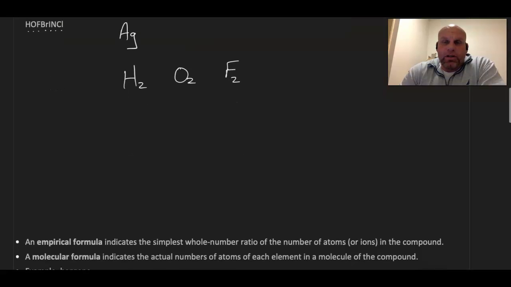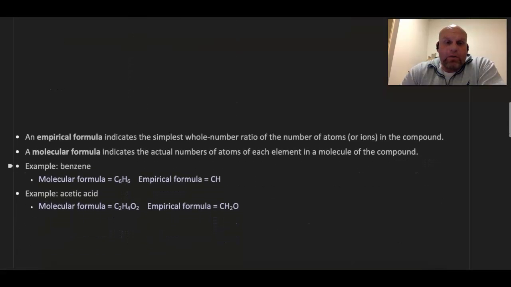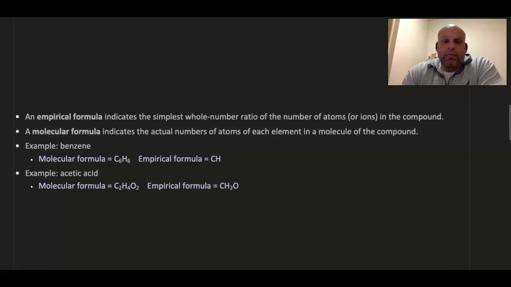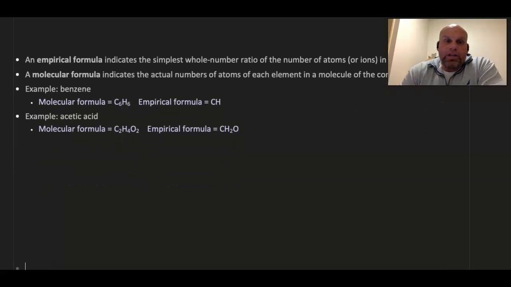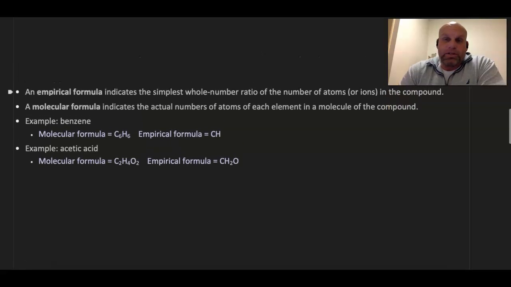Another distinction that I want to make now with regards to formulas is the difference between an empirical formula and a molecular formula. Later in this year, we will calculate and determine how to find these values, but for now, you should just know these relationships. An empirical formula is the simplest whole number ratio of atoms in a compound, whereas a molecular formula is the actual number.